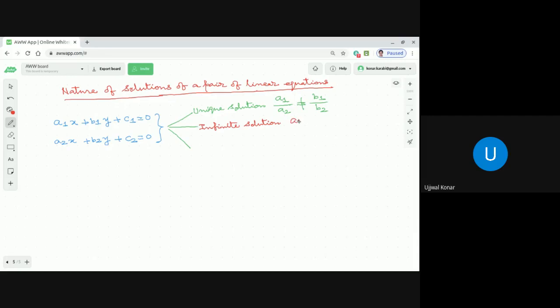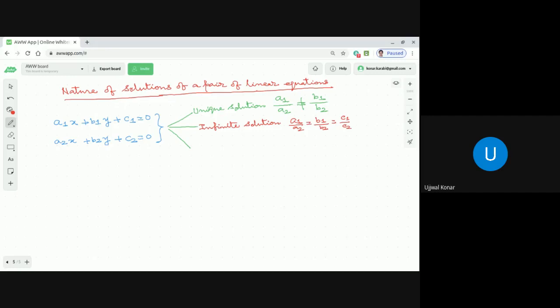So if a1 by a2 is equal to b1 by b2 is equal to c1 by c2, then it can have an infinite number of solutions. Dear students, I will show you after a few minutes by their graphical representation how it looks.